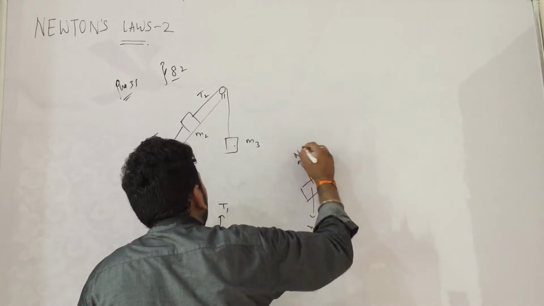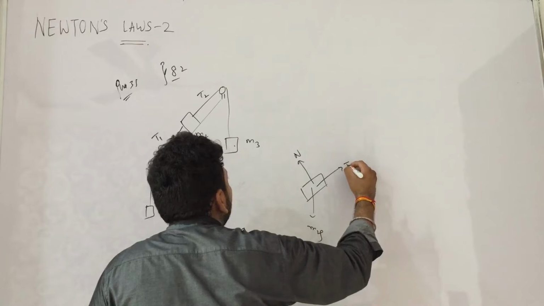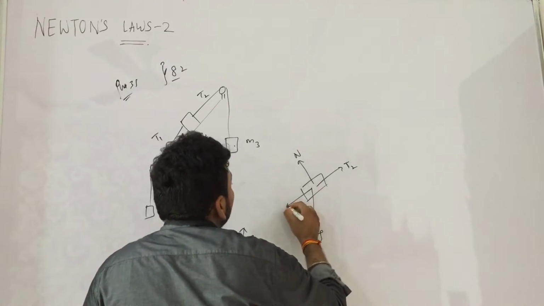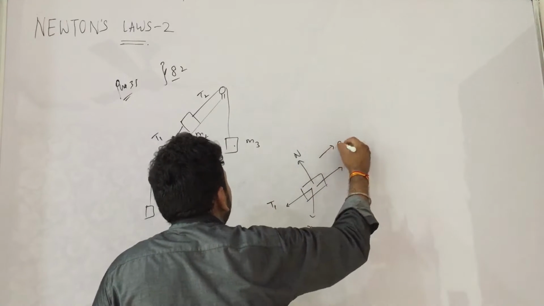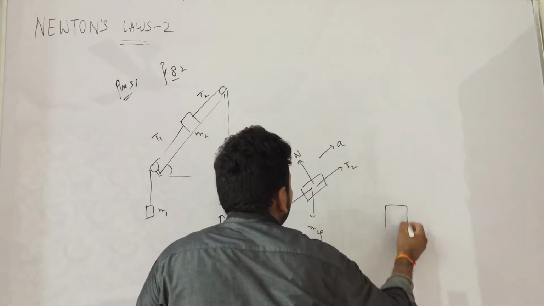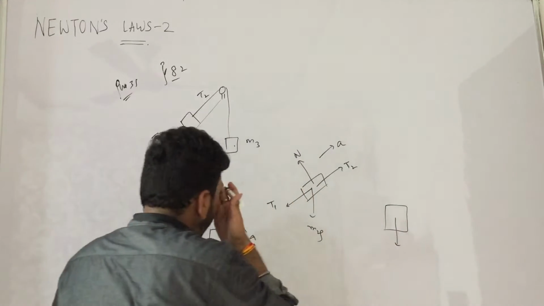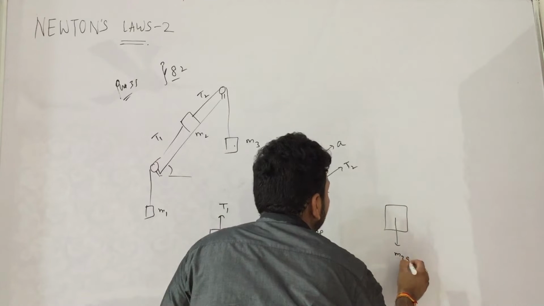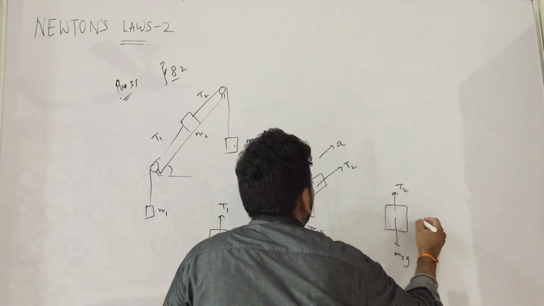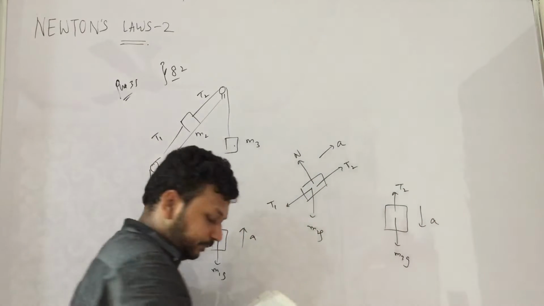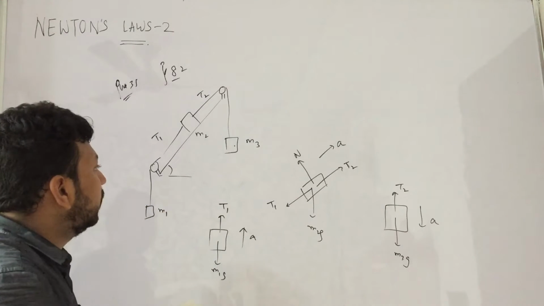M2g, normal, T2, T1 and acceleration. Similarly M3. So M3 is M3g, T2 and acceleration. Yes, so this is how it goes.